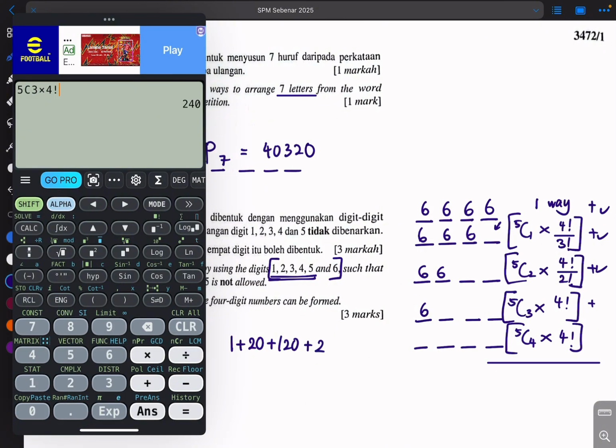We get 240. And the last one would be 5C4. Will be 120. So 1 plus 20 plus 120 plus 240 plus 120. Altogether we have 501 ways. Done.